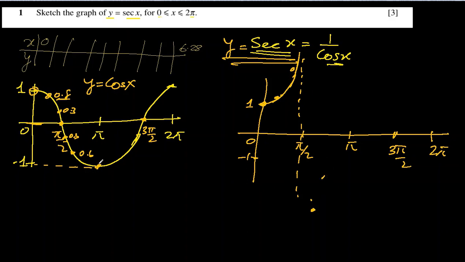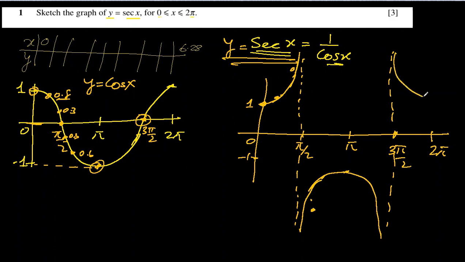And then minus 1. The reciprocal of minus 1 is minus 1. So we can see that this graph goes down again to the asymptote. And if I do the same thing here, I'll get an asymptote at 3 pi by 2 also, because the y value for cos at 3 pi by 2 is 0, and this graph will go down, and similarly it will be coming this way.